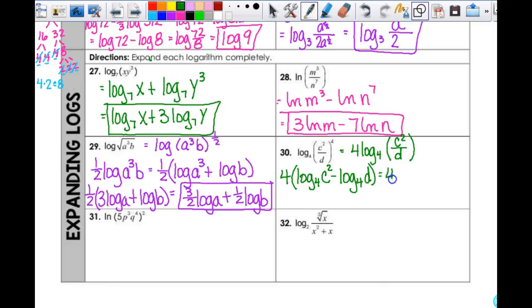So that's equal to 4 times 2, or times the log base 4 of c minus log base 4 of d. Then I can distribute, and that'll give me 8 times the log base 4 of c minus 4 times log base 4 of d. And that is as expanded as I can get.